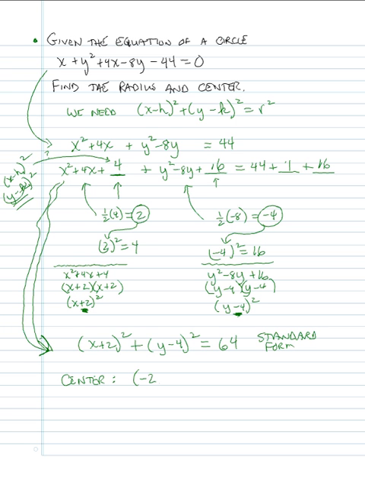So the center has an x value of -2, but a y value of +4, because 4 is what's being subtracted from y. And the radius is the number that we have to square to get 64, because remember, this side was representing r squared. And so the radius has to be 8 in this case.